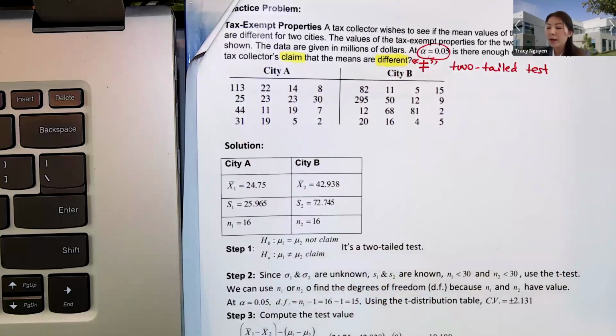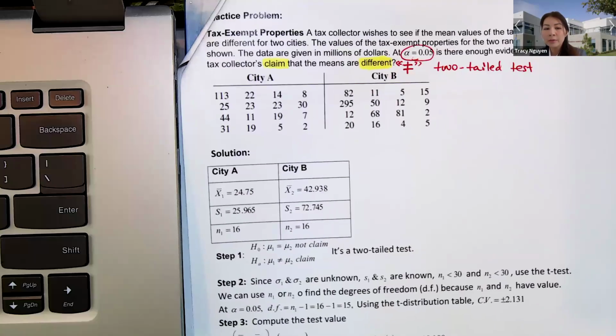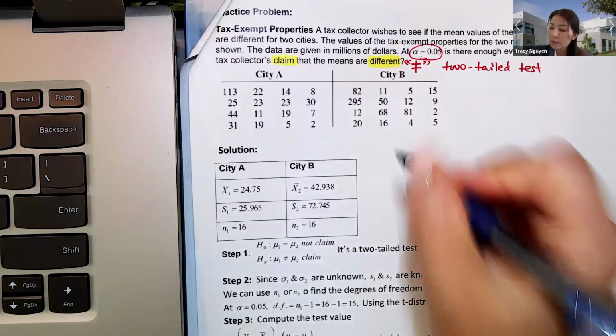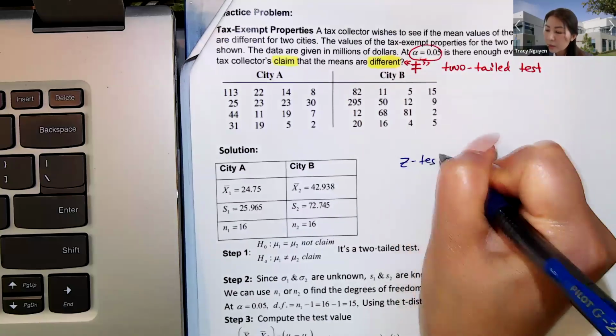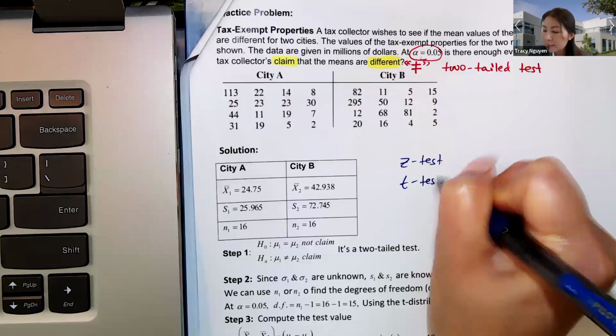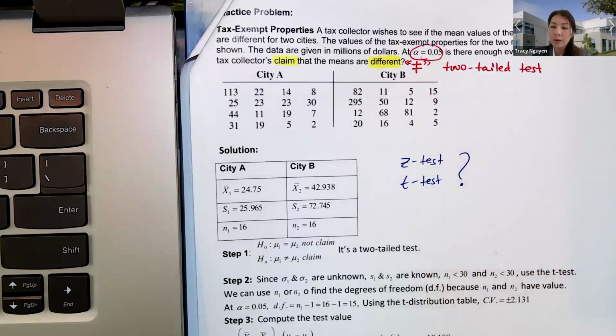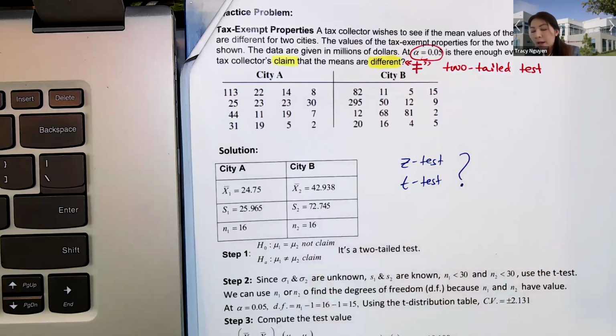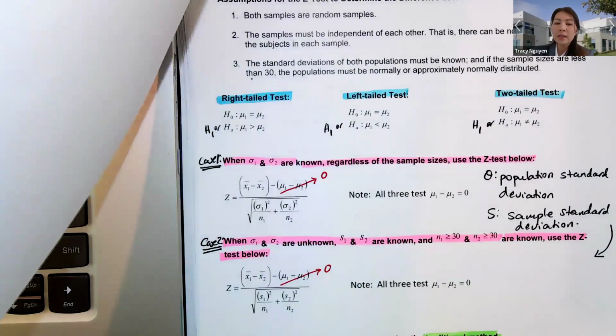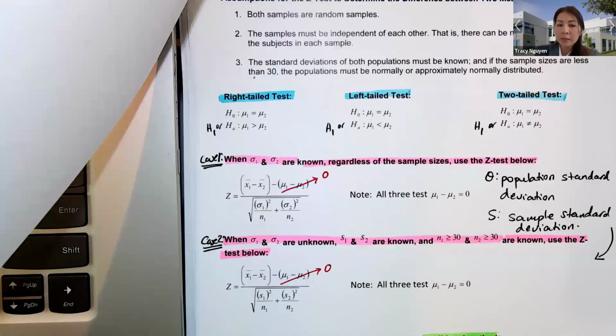So now, if I were to give you this problem on the final exam, are you going to use a z-test or a t-test? You're going to ask yourself this before you go on to do your hypothesis testing. Based on the given information, for every single problem, you're going to go to the cutoff list to see which formula it would apply to.